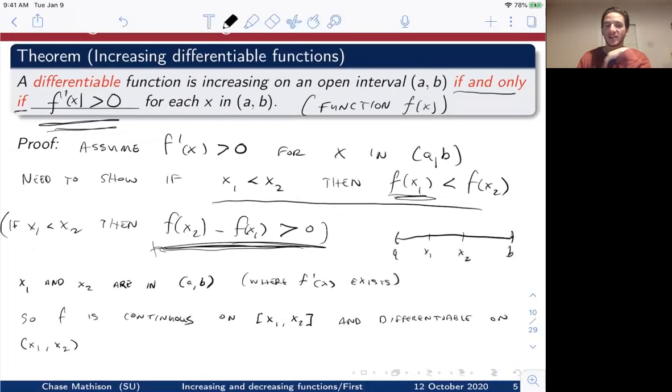Okay, so I can apply the mean value theorem to f on the interval x1 to x2.